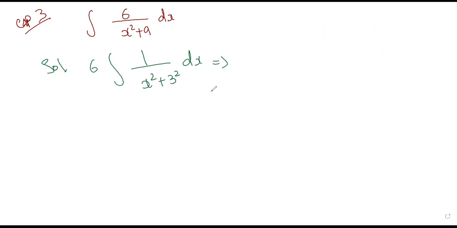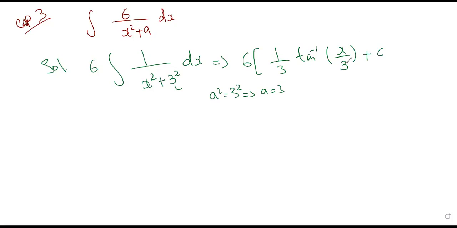If this is your a square, a is 3, 6 would come as it is, and the integral would be 1 by a, that is 1 by 3, tan inverse of x by 3 plus c. Very good. Okay. Do you understand this? Yes, 100%? Yes.